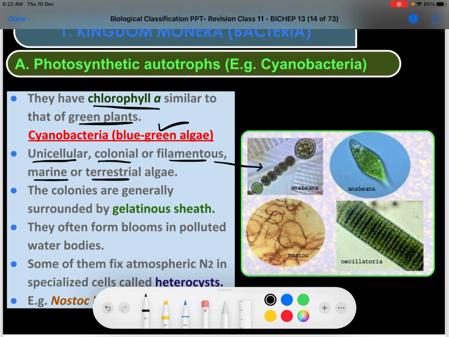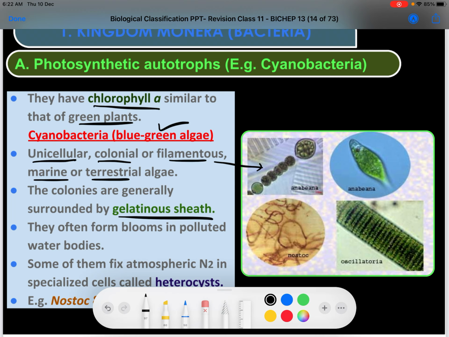The colonies are generally surrounded by a gelatinous sheath around the structure of the body. So a very special protective sheath which is slightly gelatinous, contains gelatin, right?